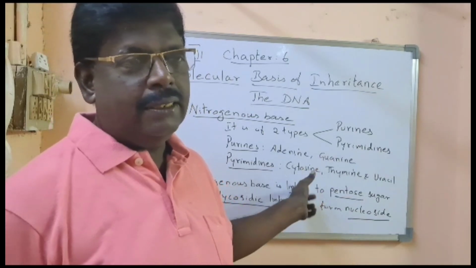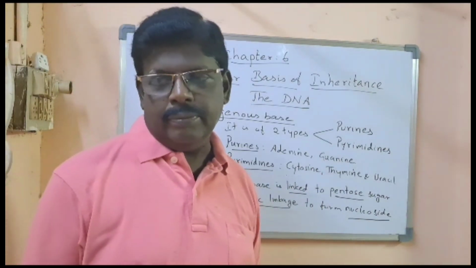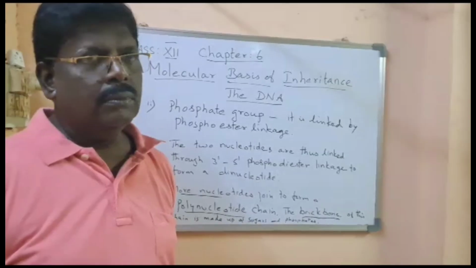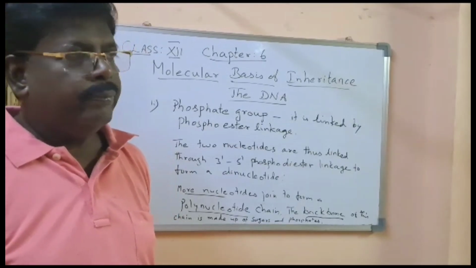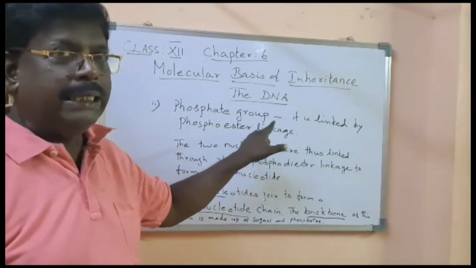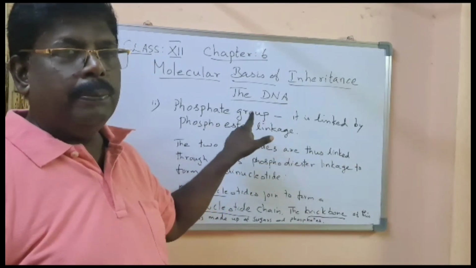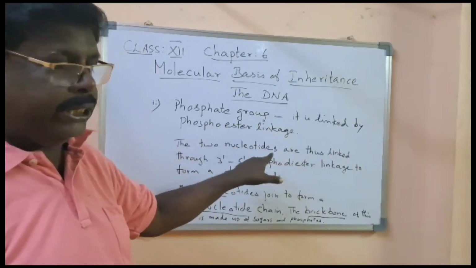So let us see the next two components. Next comes the phosphate group. The phosphate group is linked by phosphoester linkage.